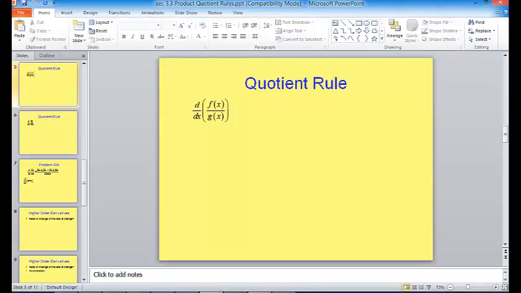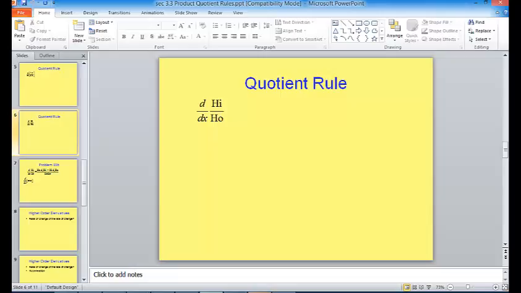You have the high function on top, and the low function we'll call ho. High over ho, because then it's easier to remember. Here's the quotient rule. Ho d high minus high d ho over ho ho. Isn't that fantastic? Ho d high minus high d ho over ho ho.